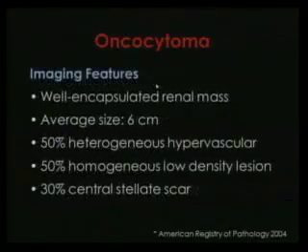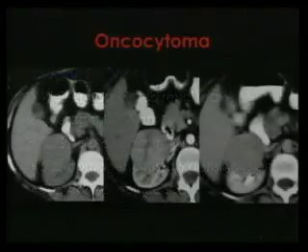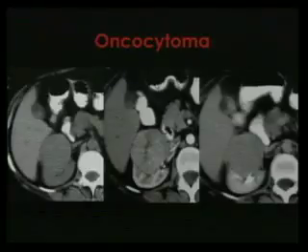The images are well defined masses with an average size of 6 centimeters, heterogeneous and hypervascular, and in 30% of the cases containing a central scar. This is a typical example of oncocytoma.